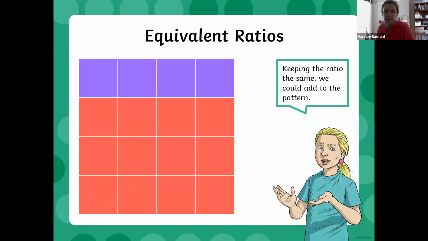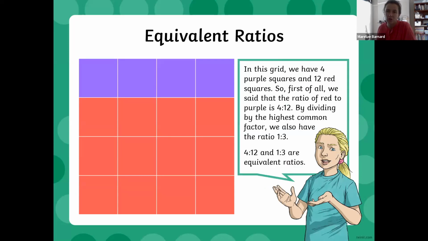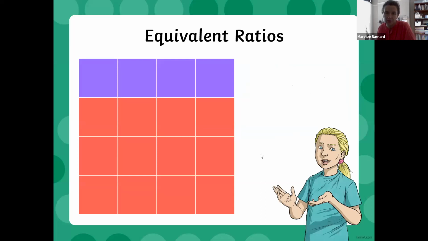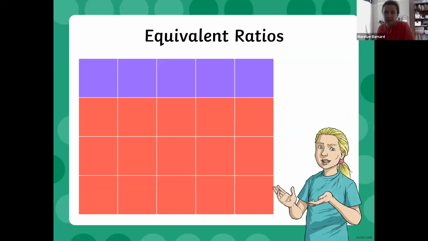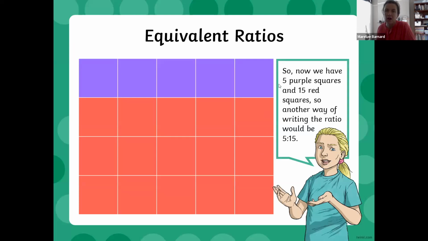And keeping the ratio the same, we could add to the pattern, right? So just watch carefully. If we keep the ratio the same, in other words, we keep it 1 to 3 or 4 to 12, we can add to the pattern. So now we have 5 purple squares and 15 red squares.